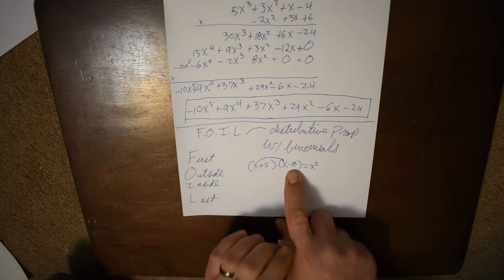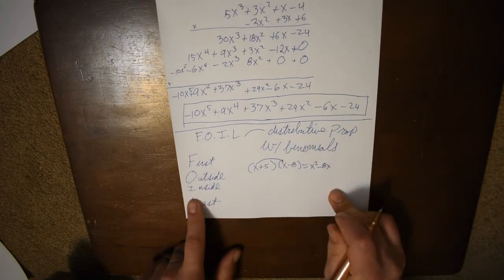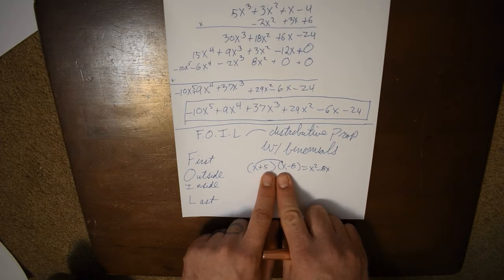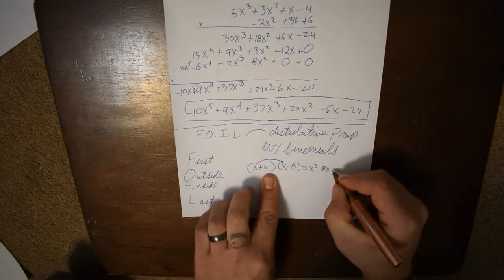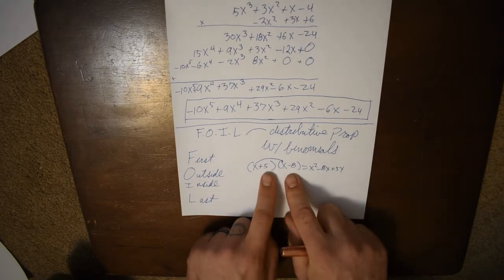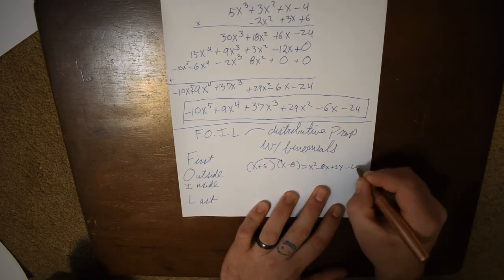So x times negative 8 will give us a negative 8x. Then inside, we want to multiply the inside terms together. 5 times x will give us a positive 5x. And last, we want to multiply the final terms together. 5 times negative 8 gives us a negative 40.